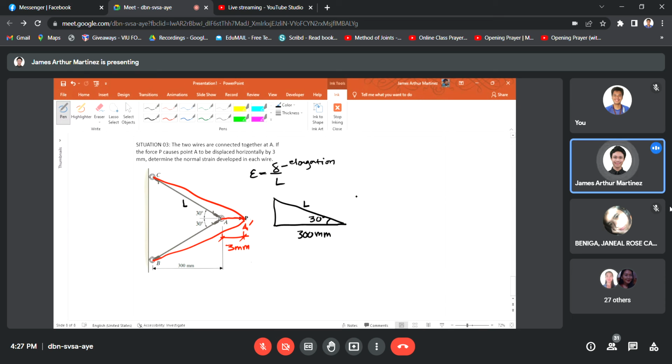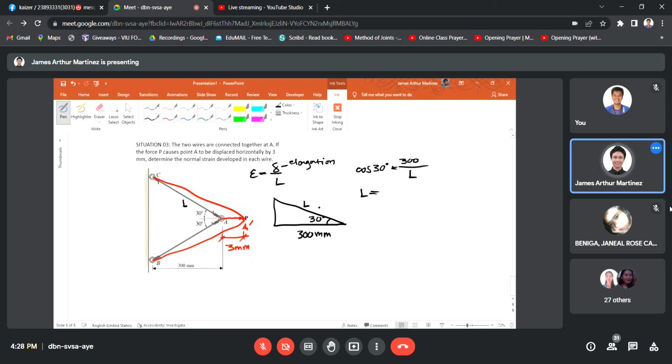By cosine function. Cosine 30 degrees equals adjacent, 300, over hypotenuse, L. Therefore, the original length of your wire is equal to 300 divided by cosine 30 degrees.